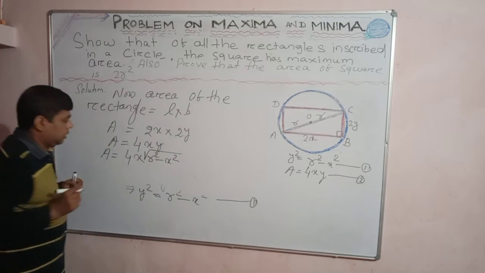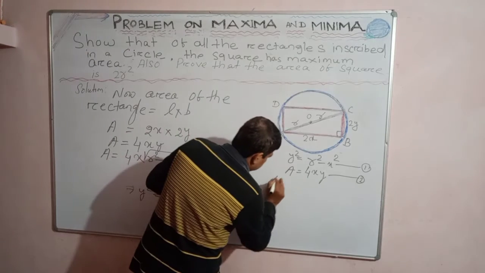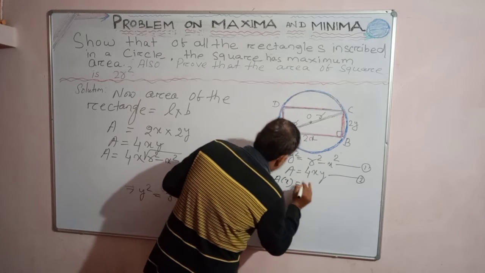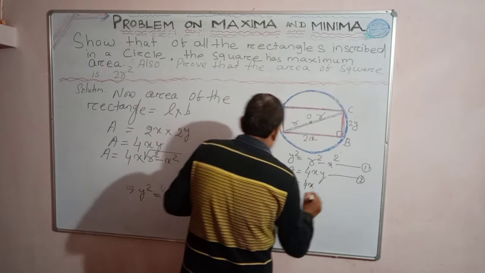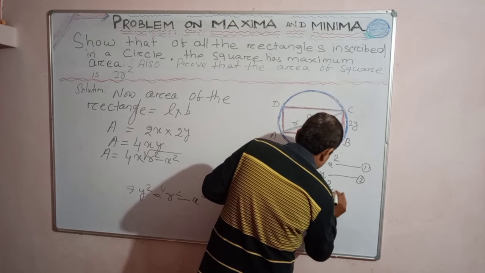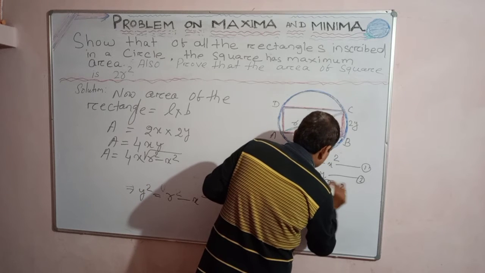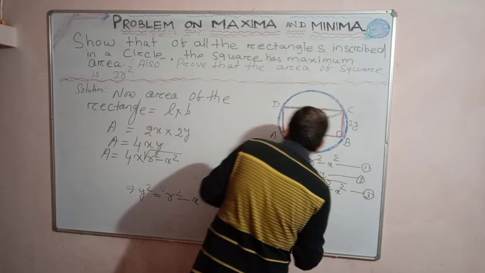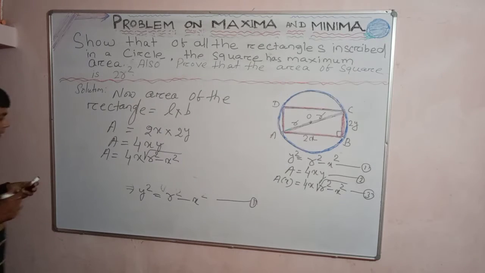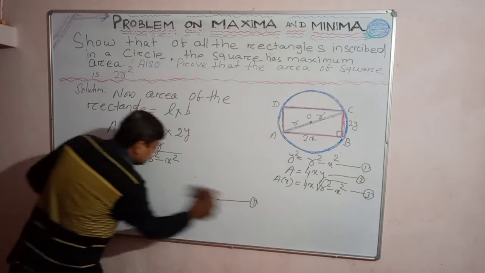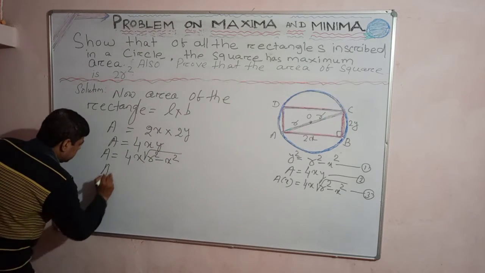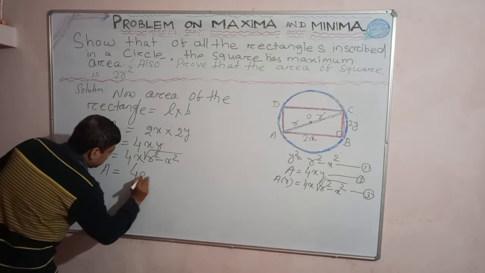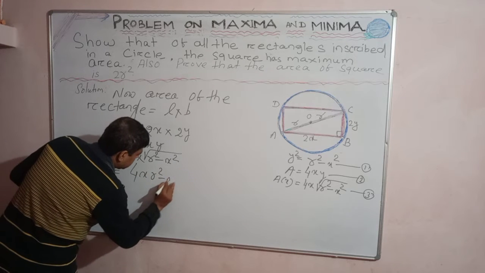So for the area of the rectangle we got, we converted area into terms of x: 4x whole into the square root of r square minus x square. This is point number 3, right? Okay, understand? Is it clear? So we got the area of the rectangle, hence area is equal to 4x whole into the square root of r square minus x square.